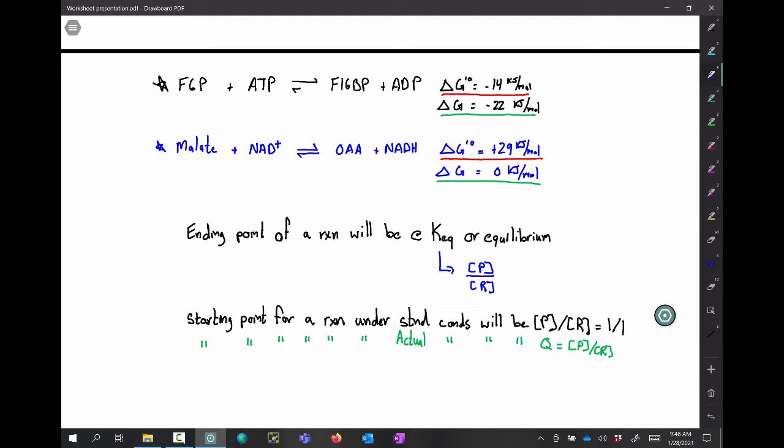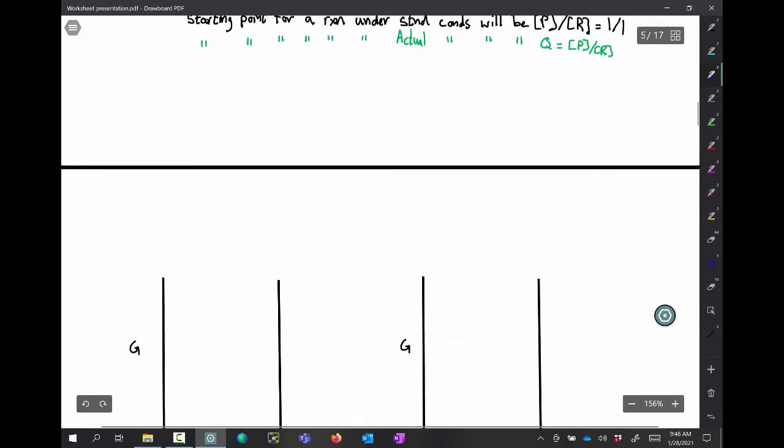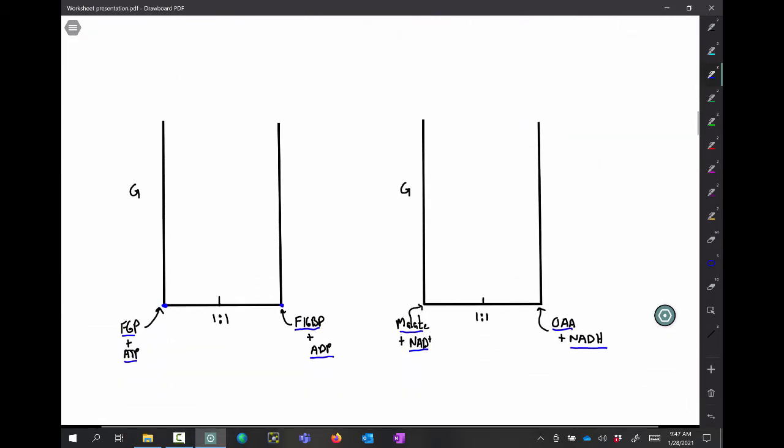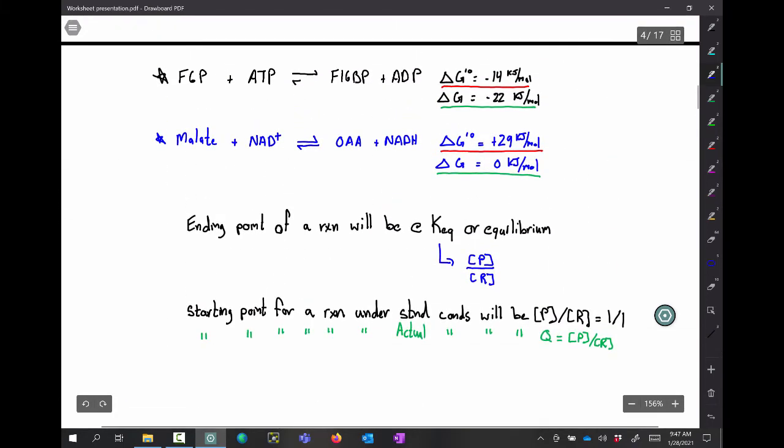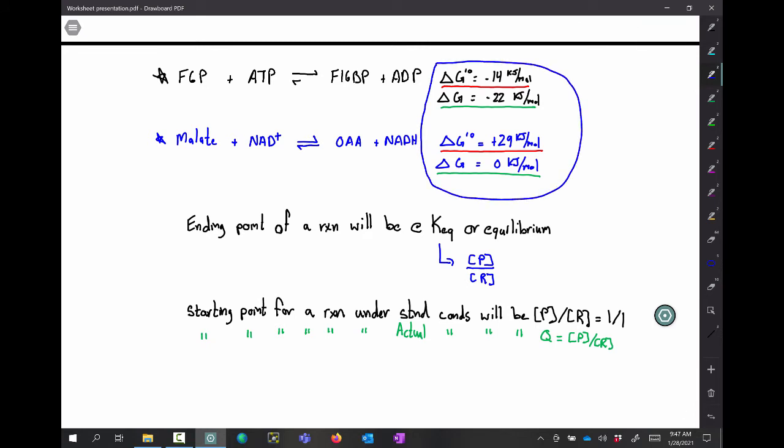Now, here's what I'm going to encourage you to do. I want you to pause it, and I want you to go ahead and try to produce these graphs based off of this information found right here for both of these reactions. Seriously, pause it, because this is a good opportunity for you to practice how you do this.